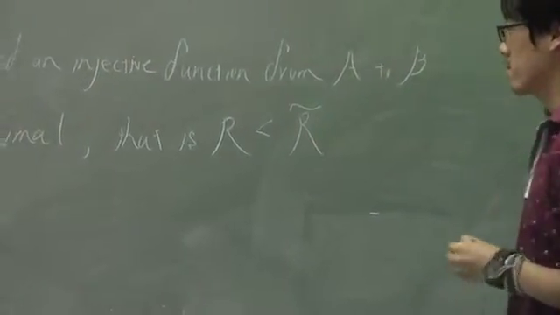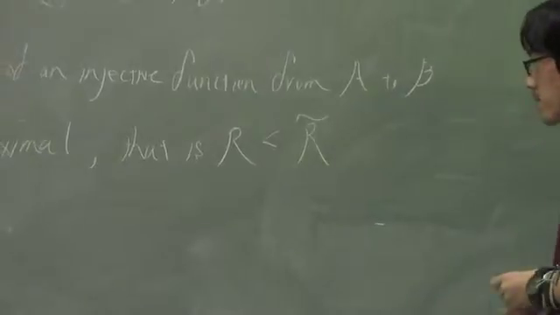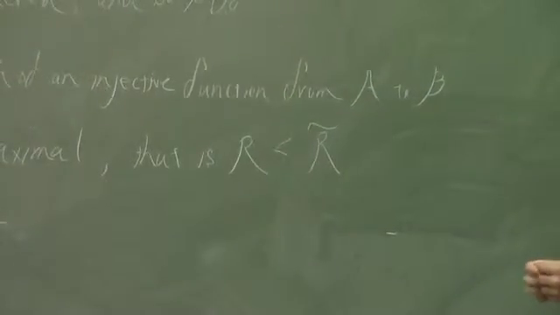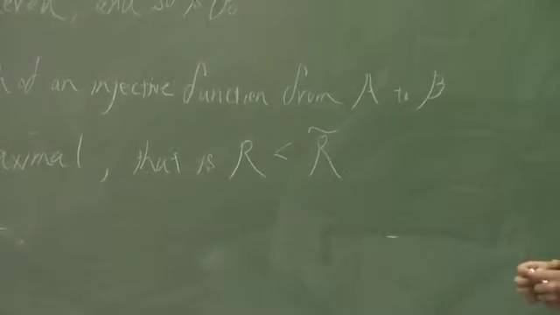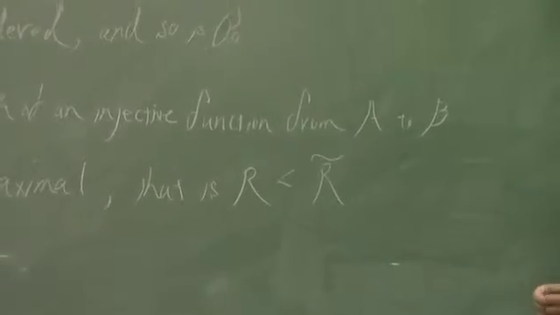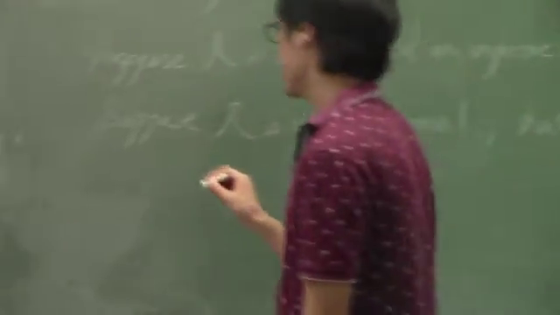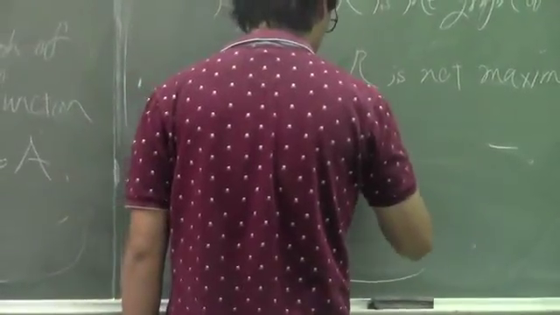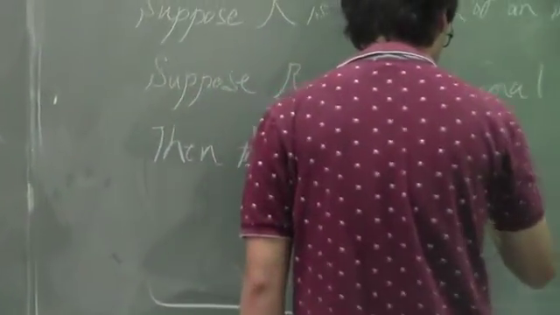So what does it mean to be bigger? Is it higher cardinality, more elements? No. One element. So there exists some (a, b) in R tilde, and (a, b) is not in R, right?